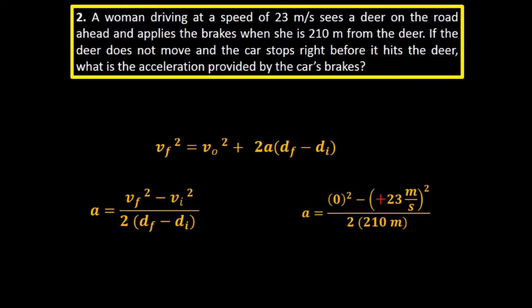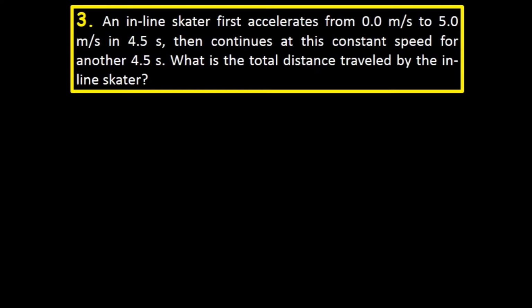Plug into the equation and you get 1.3 meters per second squared. Now, that could be a negative. Negative and positive for these kinds of problems, we'll go into a little bit later. I'll stop the tape and go into it.